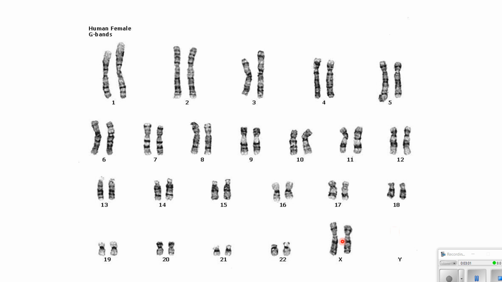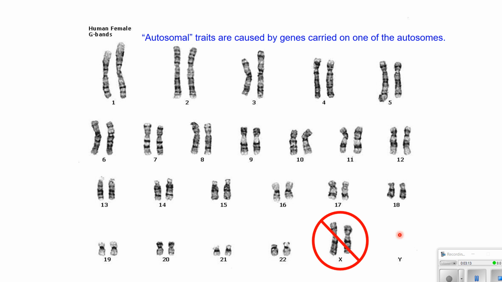This particular karyotype that we're looking at here is a human female, so there is no Y chromosome. But remember, if we say that a trait is autosomal, what that means is the gene that causes that trait is not carried on a sex chromosome. It's not carried on either an X or a Y chromosome, but it may be carried by any of these other chromosomes.